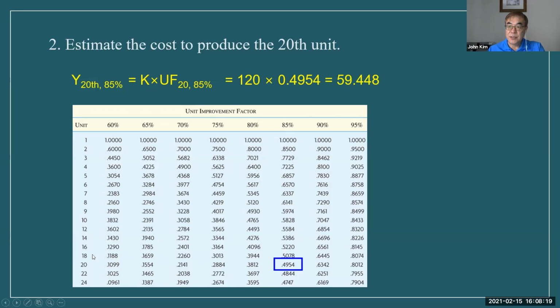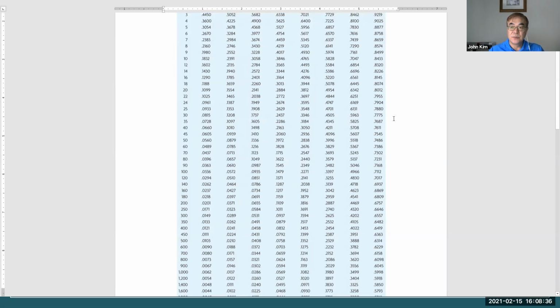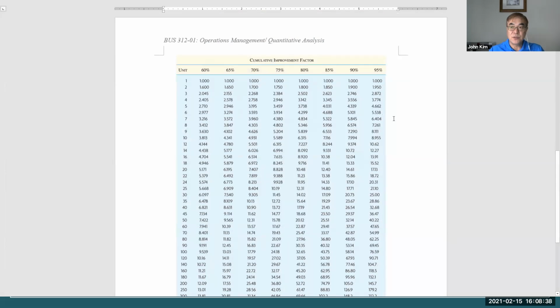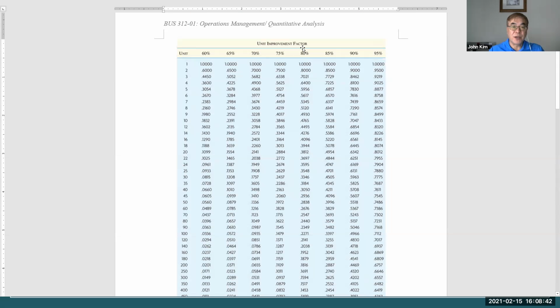I uploaded this chart, the first one, unit improvement factor. I call this unit factor, UF.